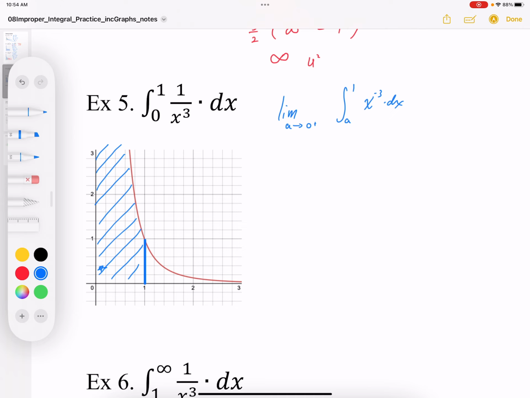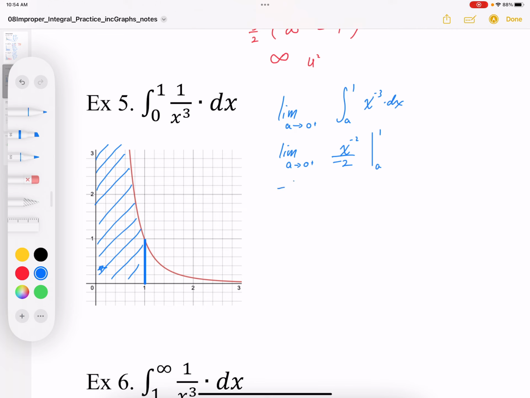I can integrate this. I can find the antiderivative. So I'm going to increase the power by 1 and divide by that power, and I have my bounds at a, which is going to go to 0, to 1.